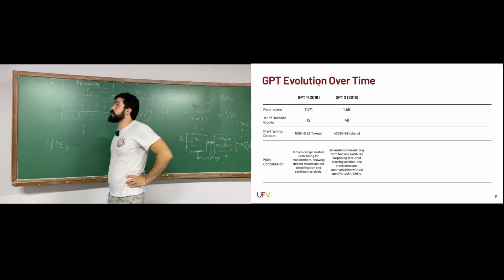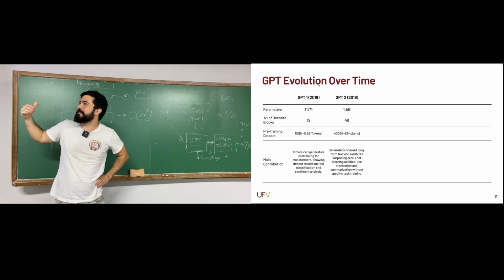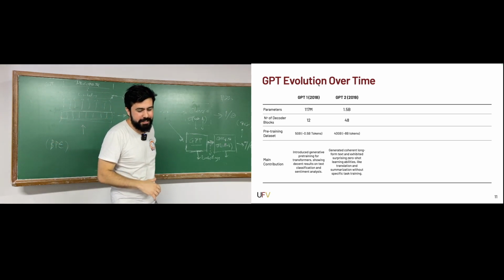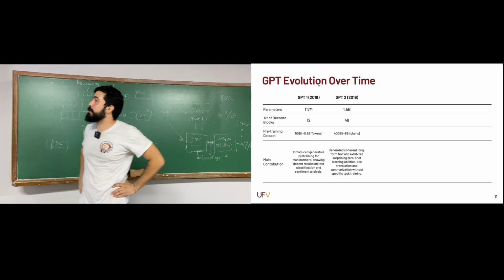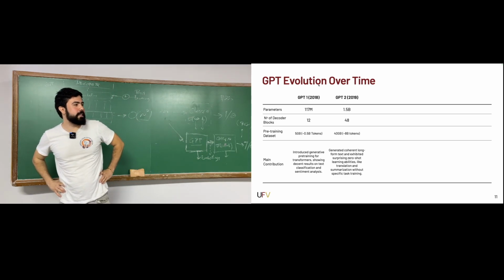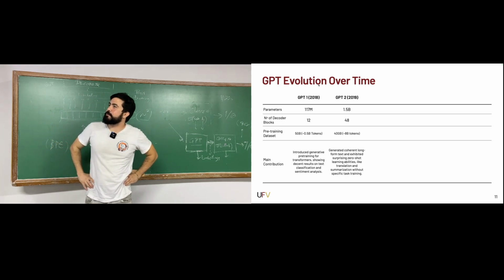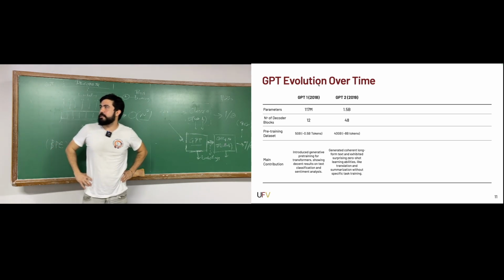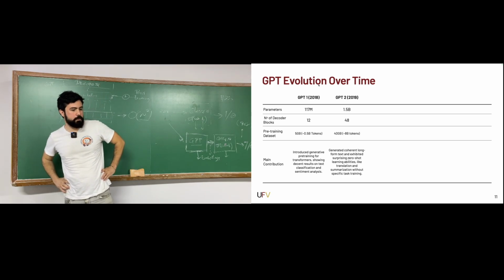And then came GPT-2 in 2019 with an extremely big push, right? From 117 million, now GPT-2 has 1.5 billion parameters. It's much bigger. And from 12 decoder blocks, GPT-2 has 48, 4 times more.